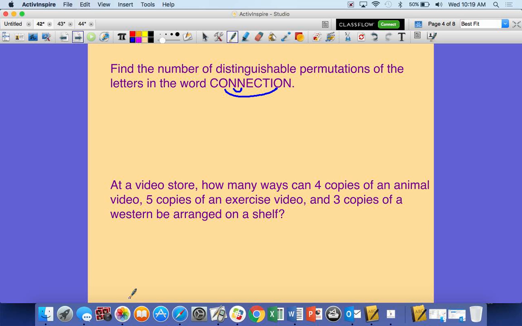So, what we have to do here is, first we have to know the total number of letters that we have. So 1, 2, 3, 4, 5, 6, 7, 8, 9, 10. We have 10 total letters. So how we're going to do this is we're going to put total number of letters factorial on the top. On the bottom, we need to figure out which letters double up, triple up, whatever it is.